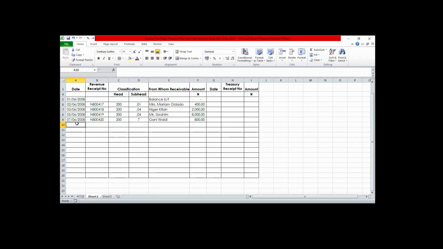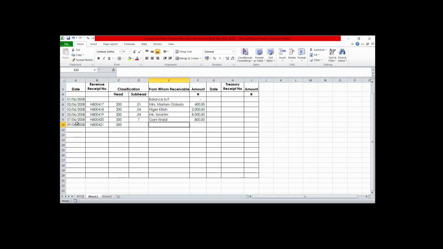The next person. 9 June 2008. N800-421 under the head of 200. Who is the person and what does he pay for? Beko Ishola.